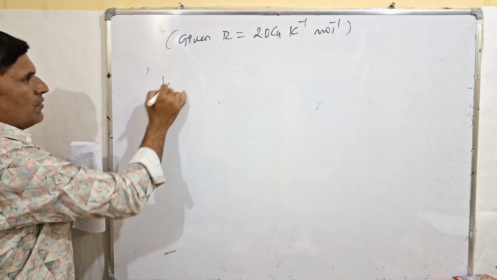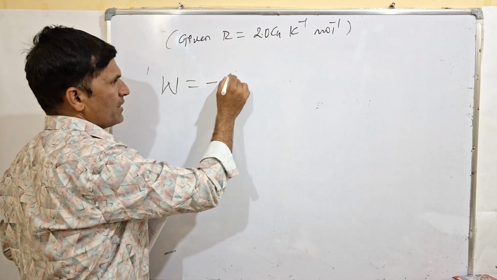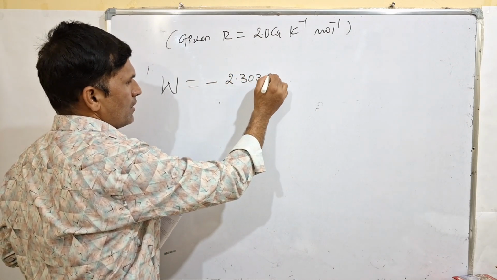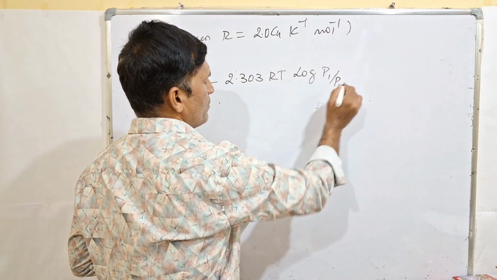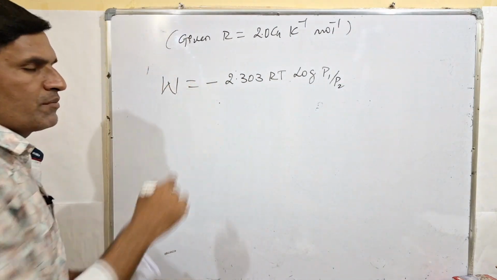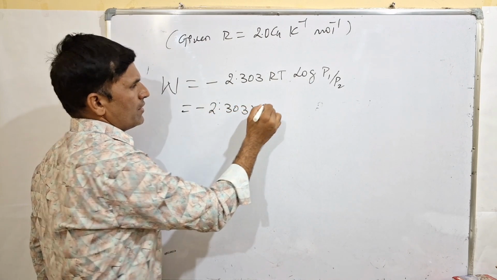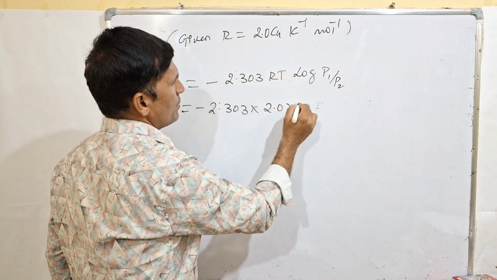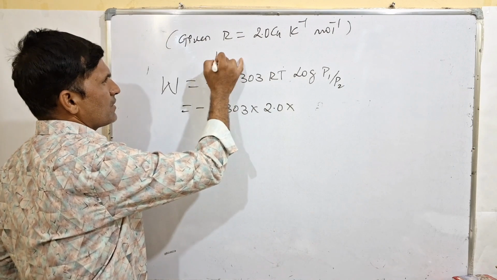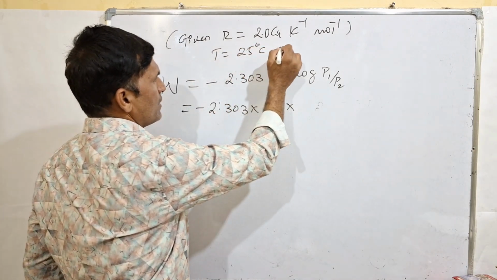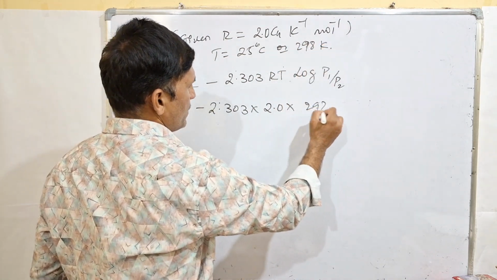Work done in isothermal expansion, we know it is expansion, so it is minus 2.303 RT log P1 by P2. If volumes are given, then V2 by V1, otherwise it is P1 by P2. You substitute minus 2.303 into 2.0 into the temperature, 25 degrees Celsius, that is 298 Kelvin.